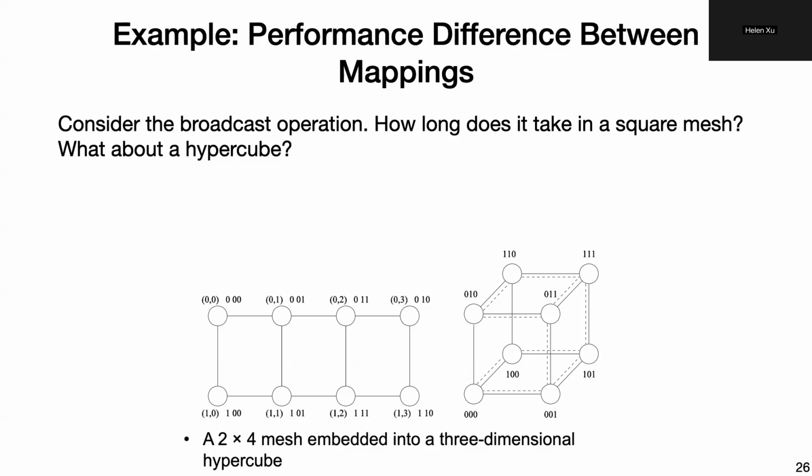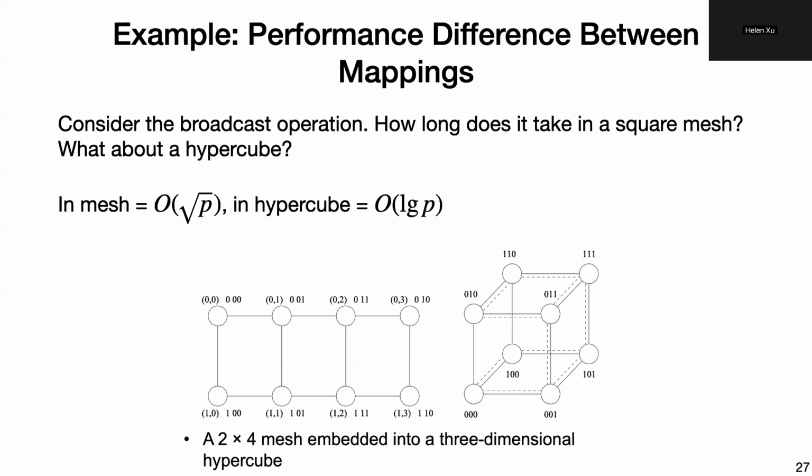So how long does it take in a square mesh? Let's say you have p processors and it's a square. So one dimension is root p. Then in the mesh, the broadcast operation would take root p time, because at least you have to go from the upper left to the upper right or something like that.